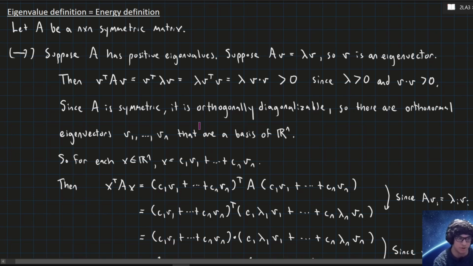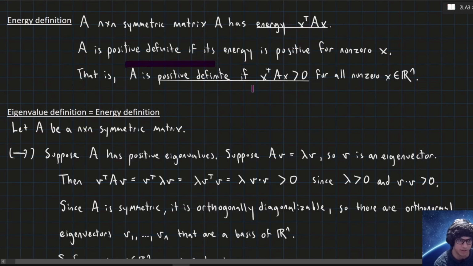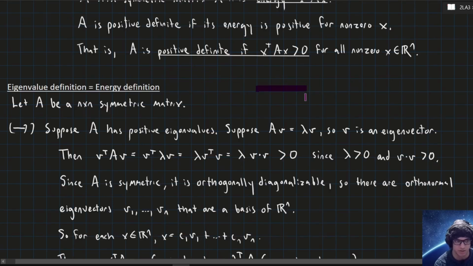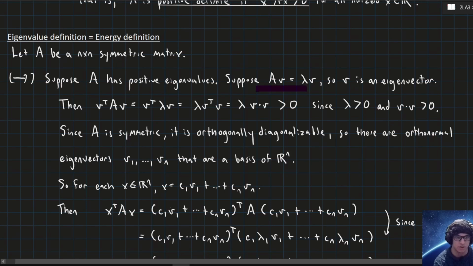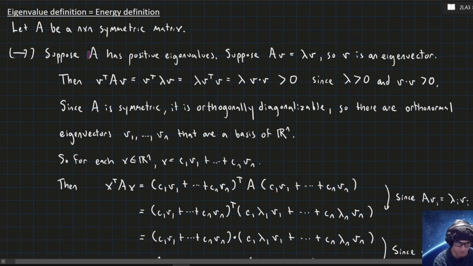So let's suppose A is a symmetric matrix, and that A has positive eigenvalues. I'll remind you, our goal is to prove that the energy will be positive if we assume positive eigenvalues.